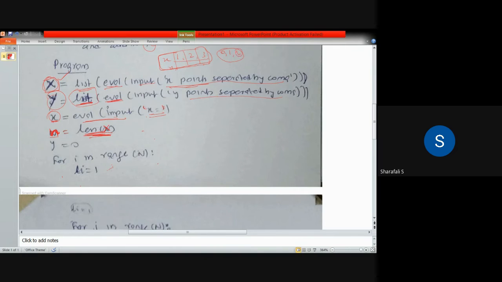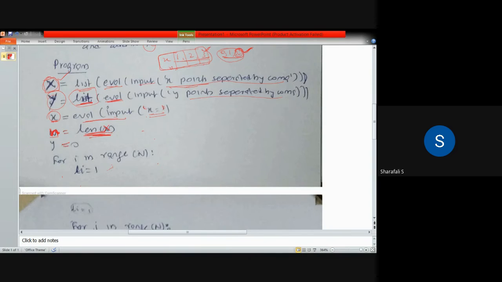So 2 is the index value corresponding to this point 3. So this will also be equivalent to your degree. 3 points, degree 2. So the length of the list that is given will be equal to the value of n, that is the degree of your polynomial.